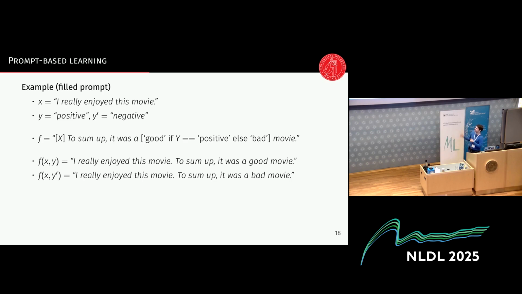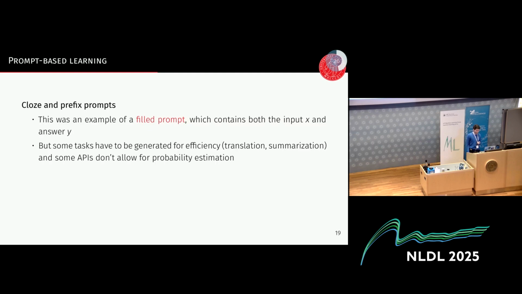This is how we can transform the task into just regular language modeling. In practice, we just select the label that corresponds to the text sequence with the biggest probability.